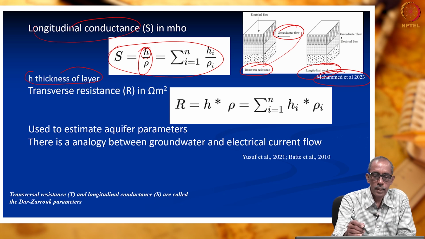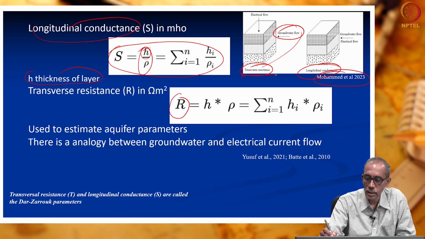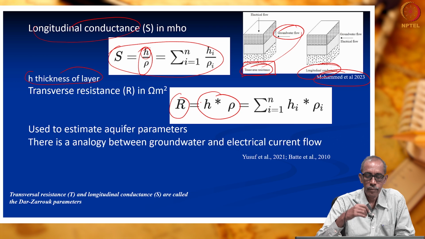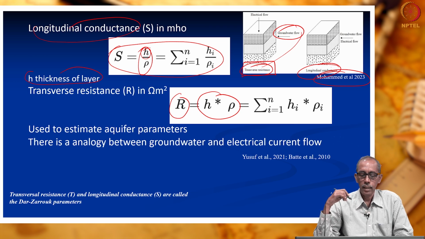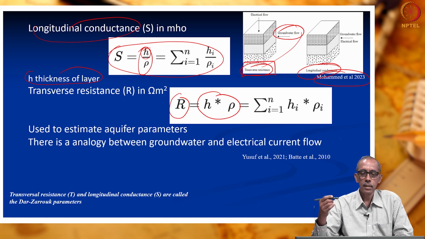And using this relationship, we can determine what is known as transverse resistance. Transverse resistance R can be estimated using this relation. What is the use of this transverse resistance?